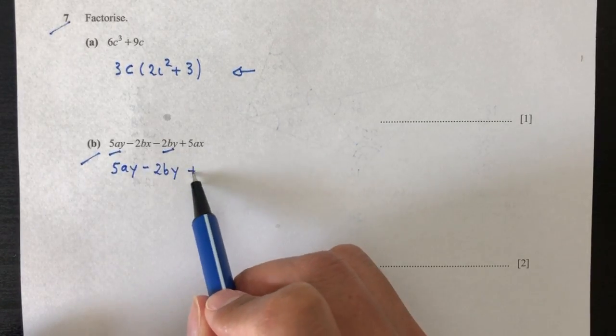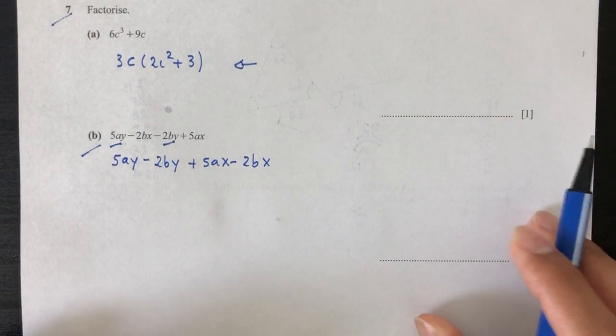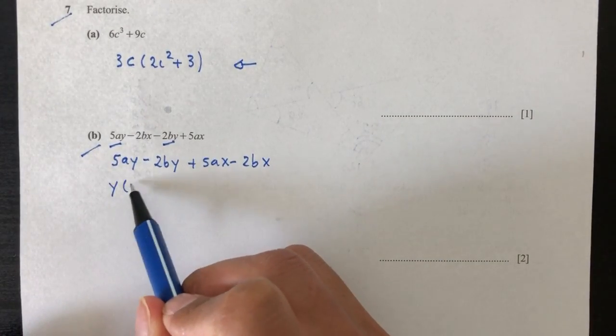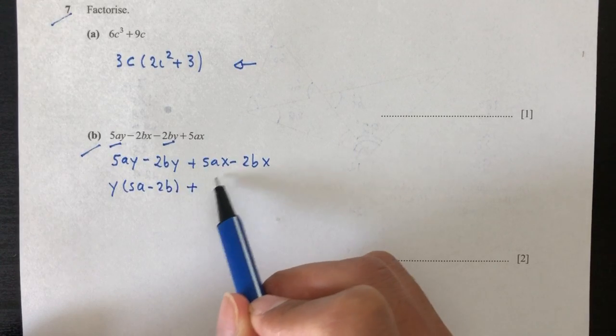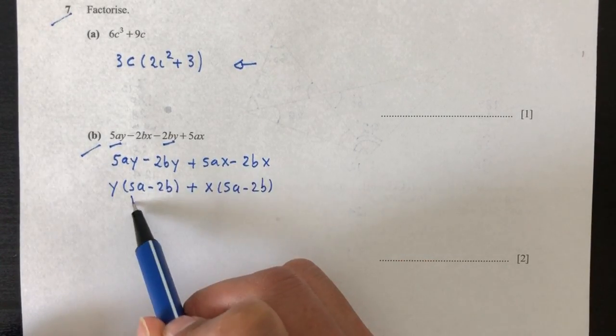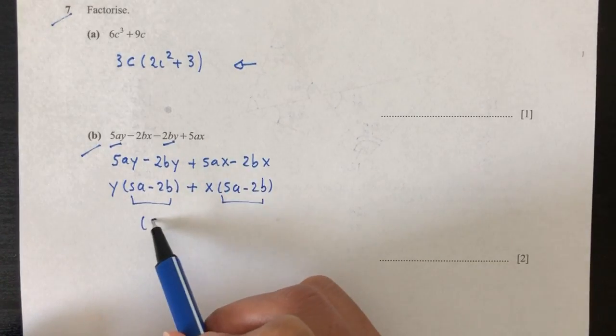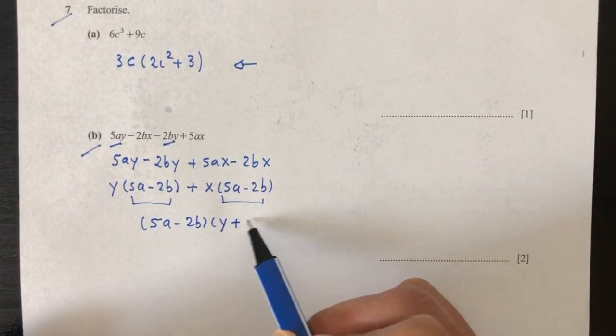Then we have plus 5ax minus 2bx. So if you take out y here, you will have 5a minus 2b. And if you take out x here, you will have 5a minus 2b. So these two are the same. So we can take it out. 5a minus 2b, that will be y plus x.